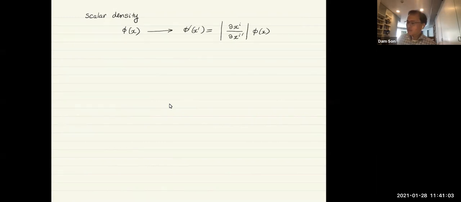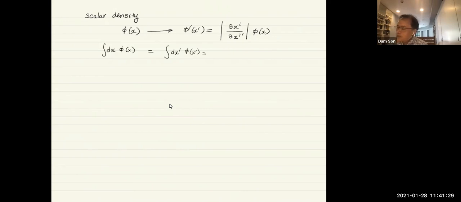And the reason that we call that a scalar density is that the integral is unchanged. The integral of a scalar density over the whole space remains the same after the transformation.